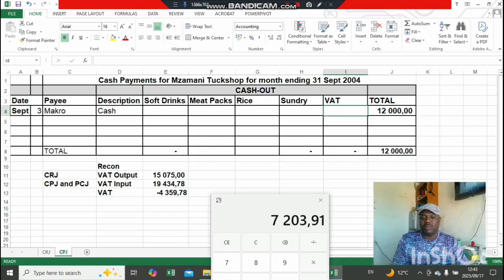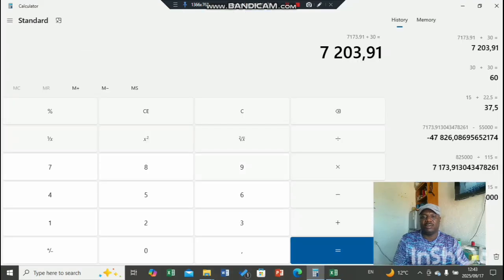And how do we do it? For the sake of practice, so that you know it, the VAT fraction. Where VAT is included, this is what we do.